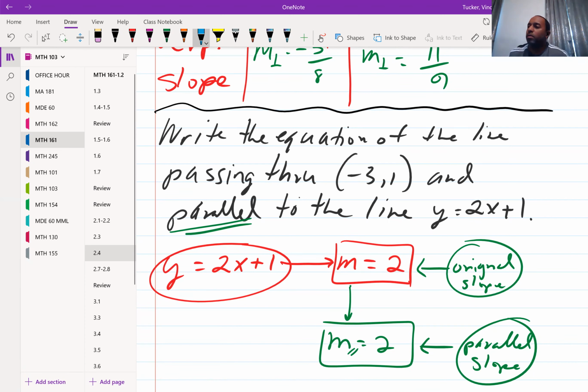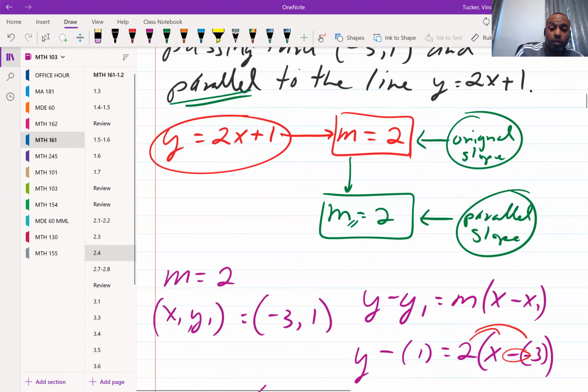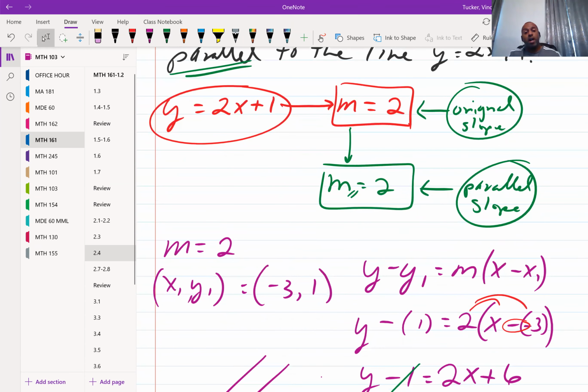All right. So now that you have your slope and they gave us the point of -3, 1, we can go ahead and plug that into our point slope formula, y minus y1 equal to m times x minus x1. All right.